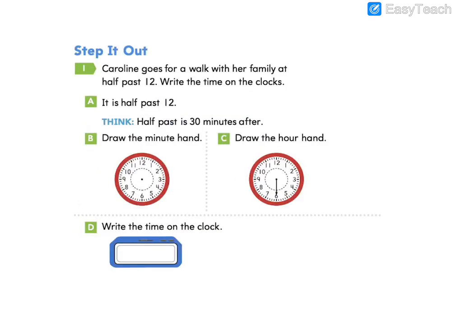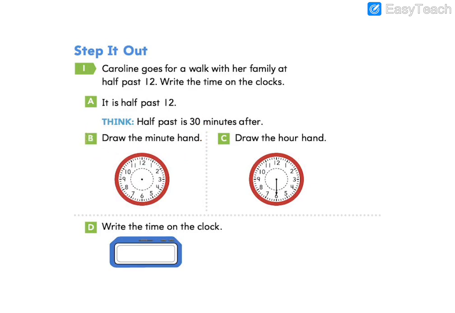Right. Let's look at our step it out problem on the next page. Caroline goes for a walk with her family at 12:30. Write the time on the clocks. It's 12:30. So first we're going to go ahead and draw the minute hand.